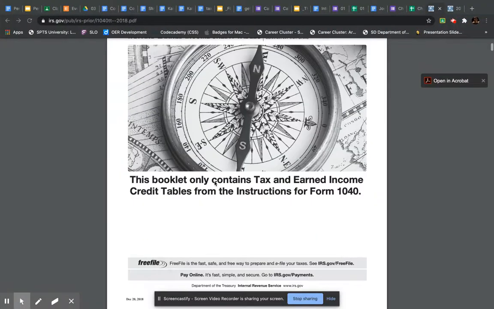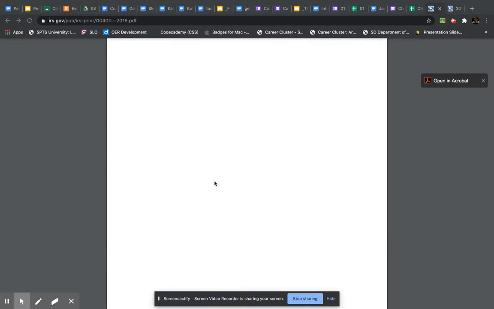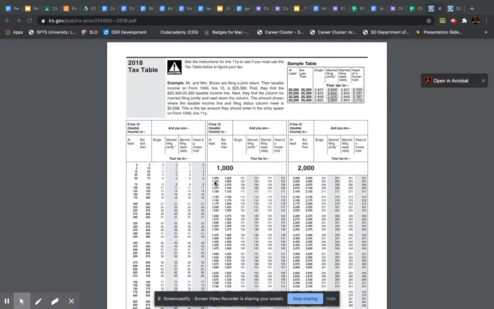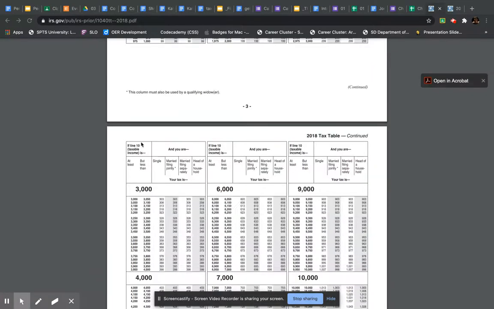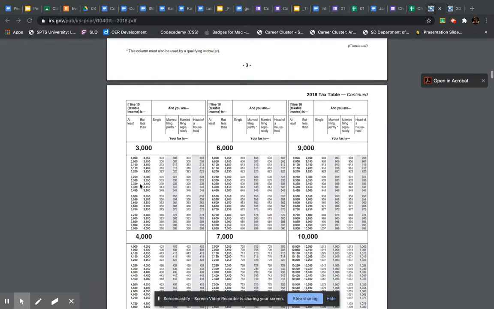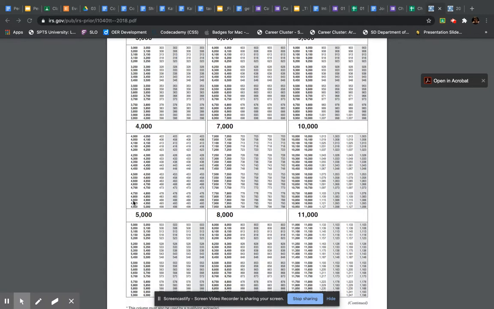Okay, we got to scroll down and find 4,800 as our income. They explain to you if line 10 is between, we got to find the 4,000s. 4,800 would get us 483.